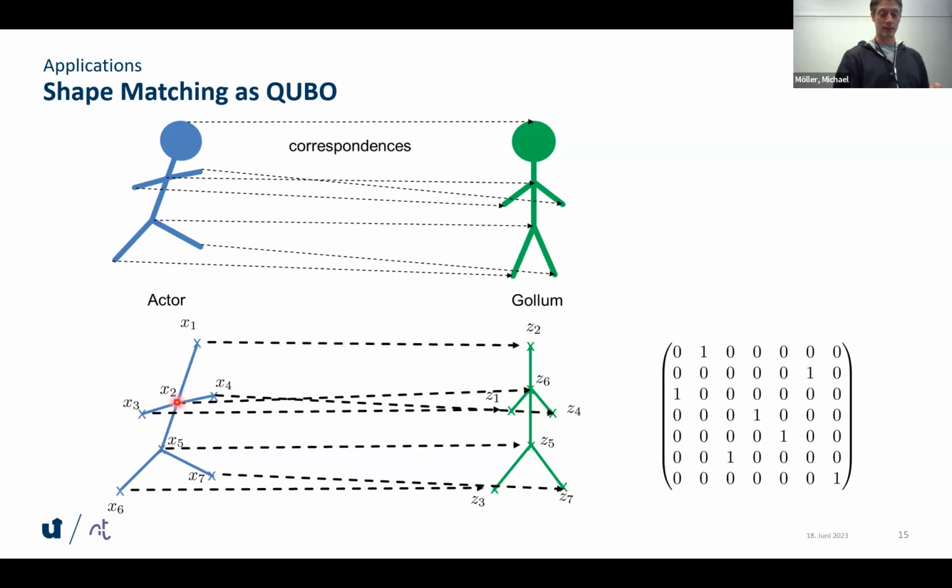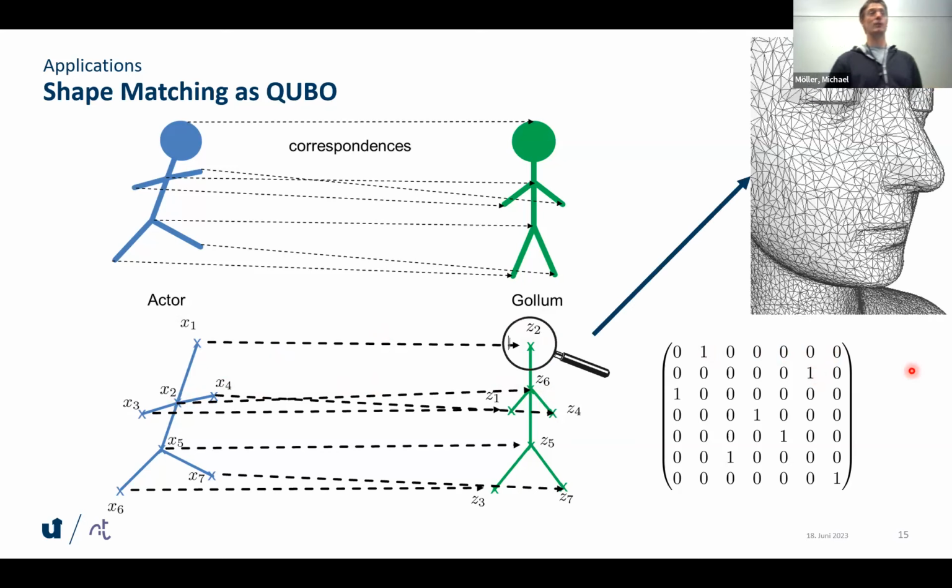And similarly, x2 matches to z6, so the second row has a 1 in the sixth position. And this is particularly challenging because my situation was, of course, very simplified. A more realistic version is not 1 point, but a couple of thousand points.